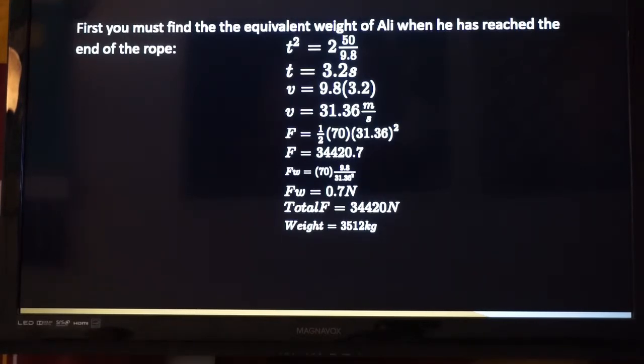So the final total force that Ollie is exerting at the end of the 50-meter unstretched length, or rather the beginning of the spring, is 34,420 newtons, which is an equivalent weight of 3,512 kilograms.